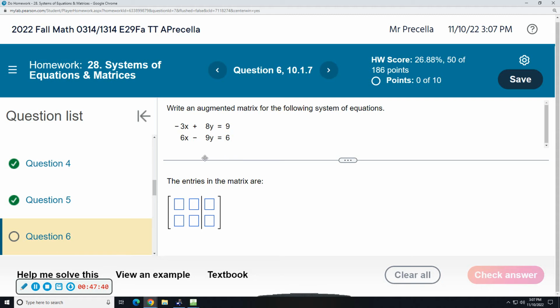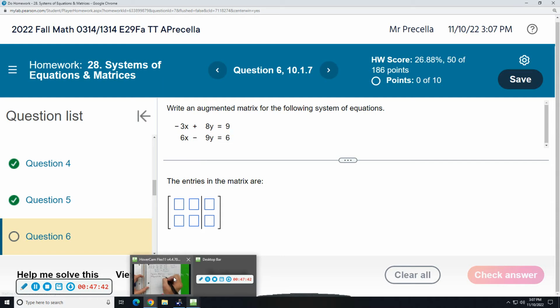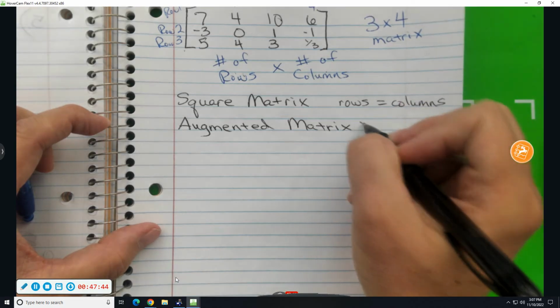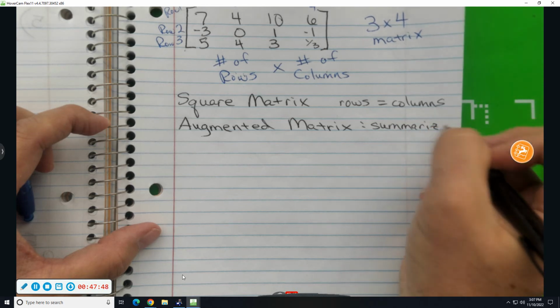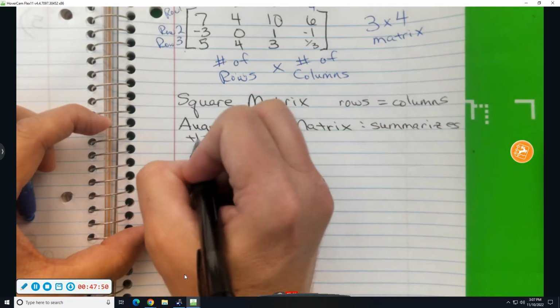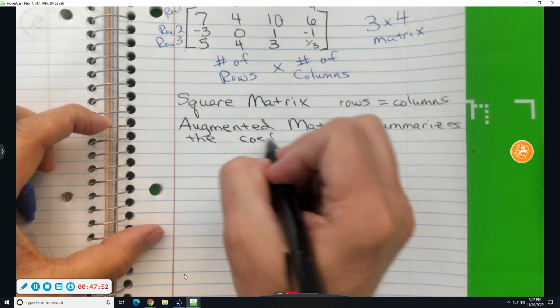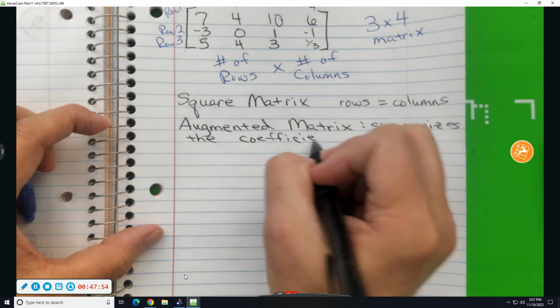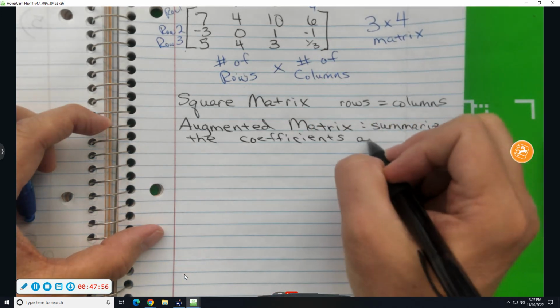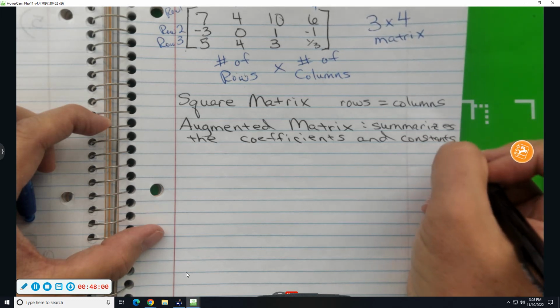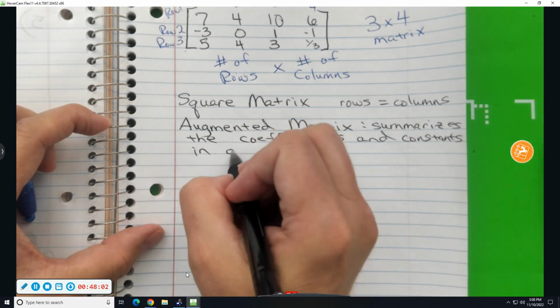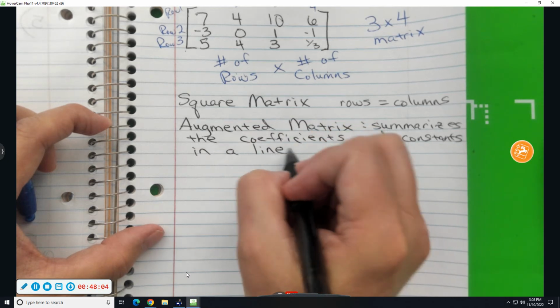An augmented matrix summarizes the coefficients and constants in a linear system.